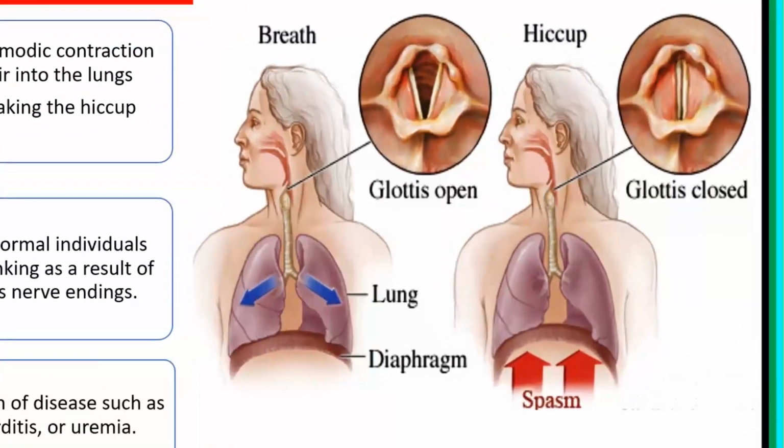In this illustration, we can see a normal diaphragm and the glottis open, but here we are seeing a spasmodic contraction of the diaphragm that will be leading to the release of air into the lungs, and then the closure of the glottis that will now give rise to the hiccup sounds.